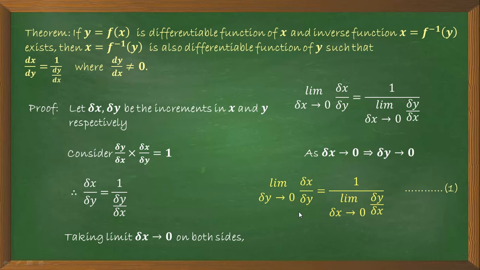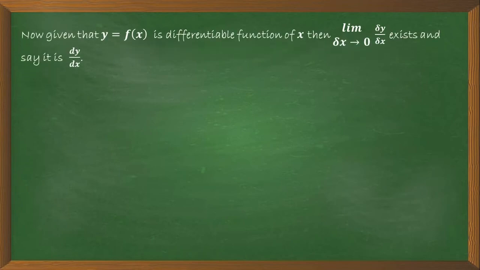Okay, now we will see the next step, what we have to consider, or what is given to you first of all after this equation. Now see what is given to you. Given that y is equal to f of x is a differentiable function of x. See, this is a very important step.